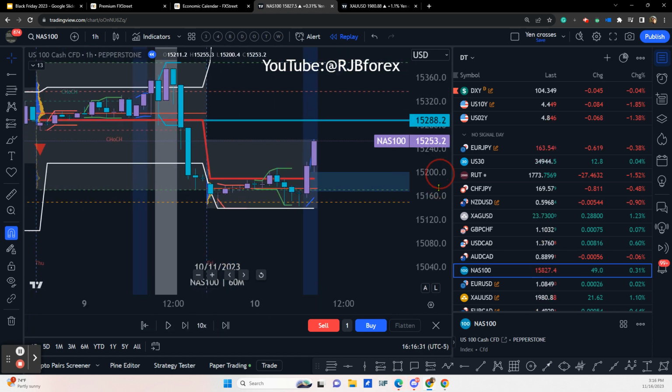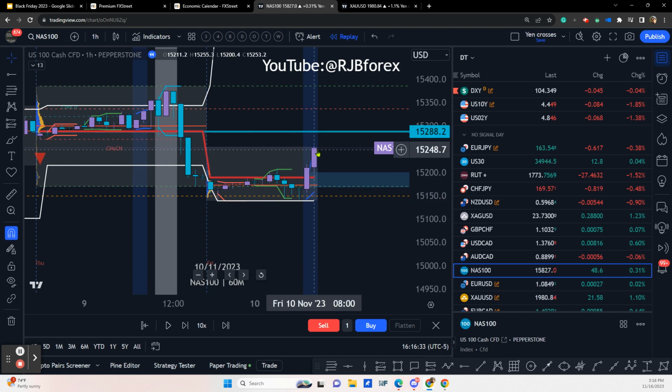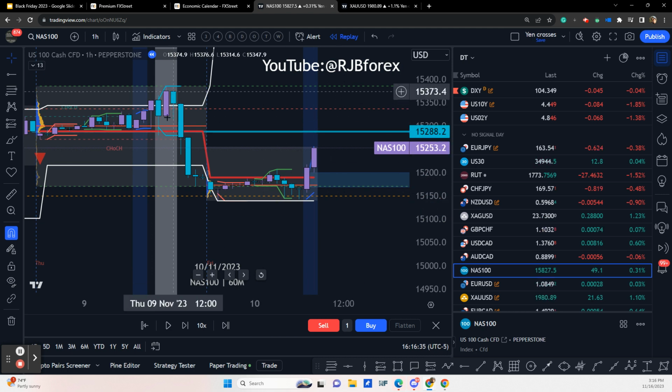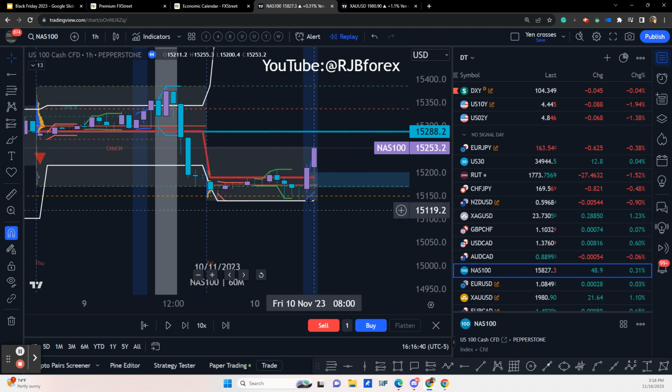So the thesis is now, well, perhaps we're coming all the way back up to stop out the shorts. So this is a short squeeze that's being played out. Now, for me personally, I'm not going to trade at this particular hour. This is an index, and I want to trade the indexes, the US stock market, during the Wall Street Open or a window within.